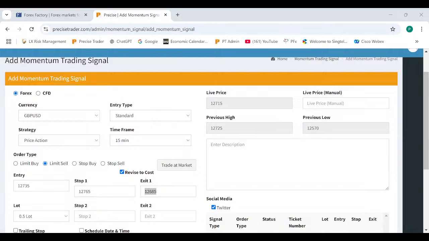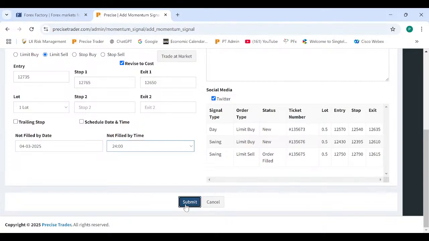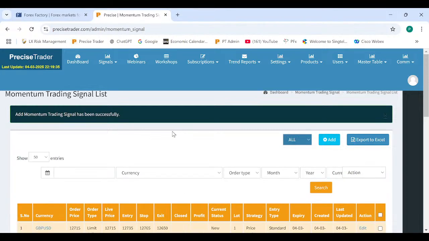Okay, 126, where is it? Okay, 12650, and this one is one lot, and the expiry is until the next time belt. So we are going for one more trade.